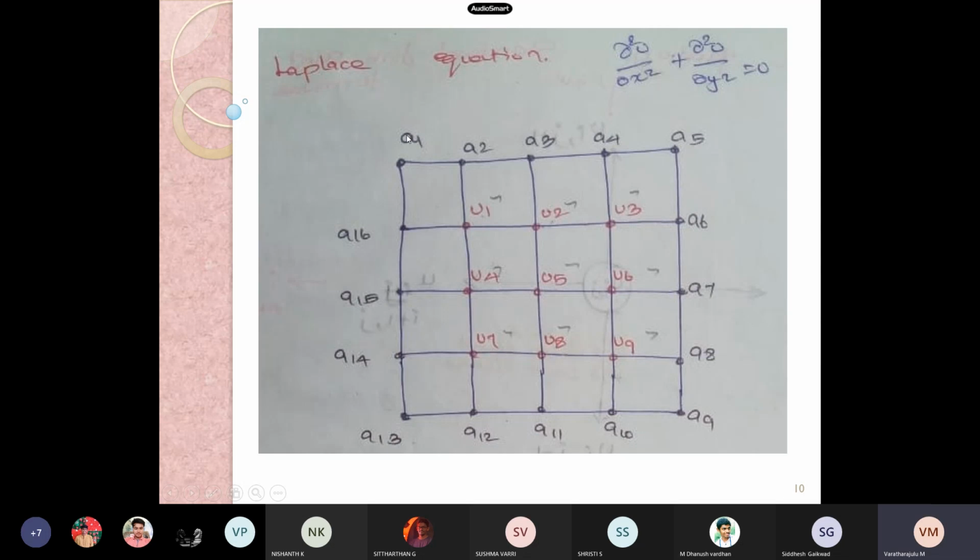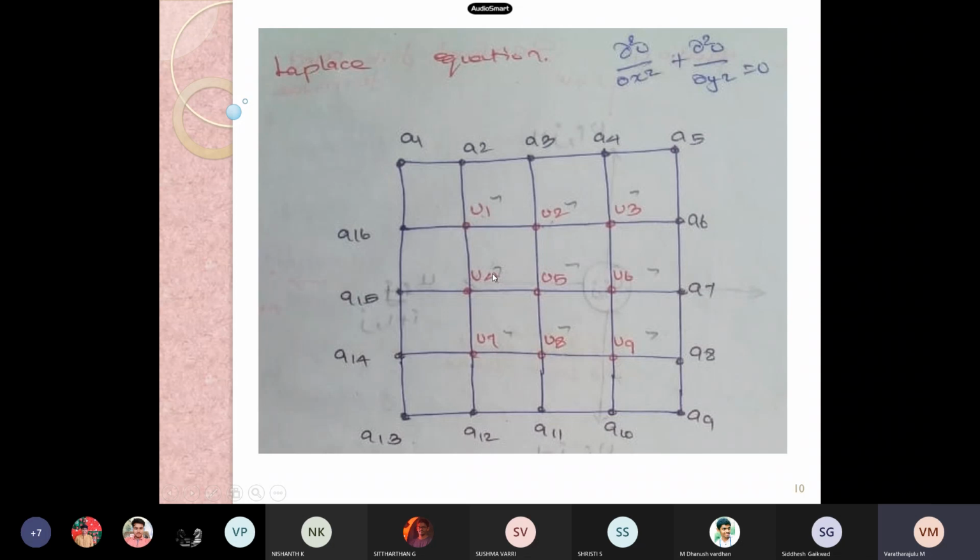Assume A1 to A16 are all known, and U1 to U9 are all unknown. Our interest is to find U1. We begin with the standard 5-point formula, that is 1/4 into the 4 points A16, A2, U2 and U4.